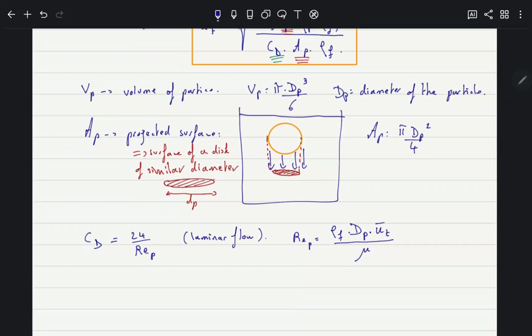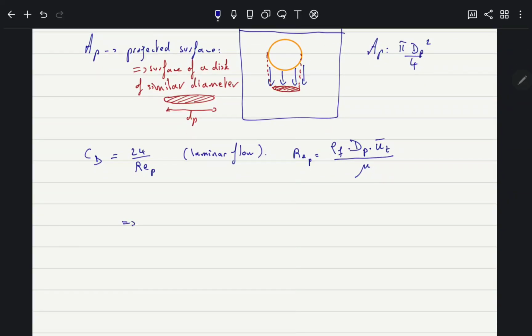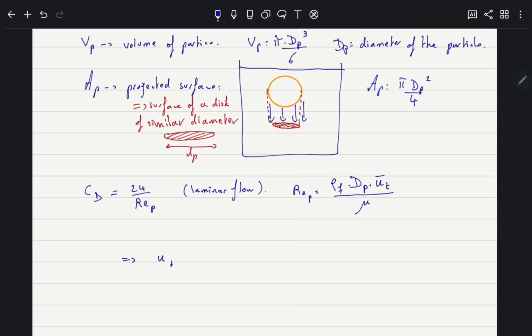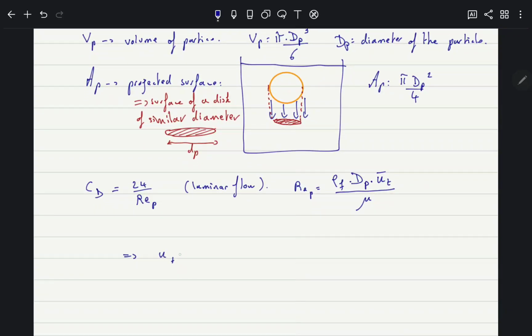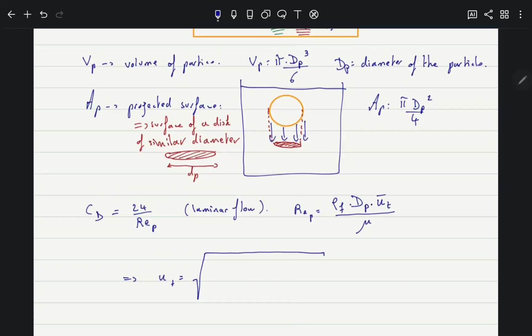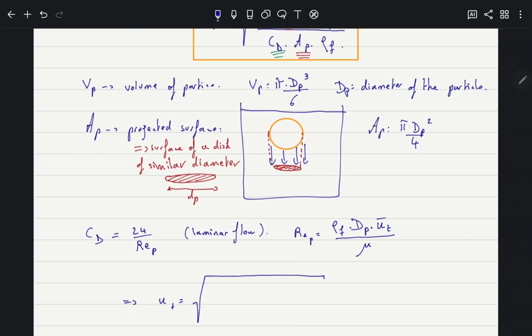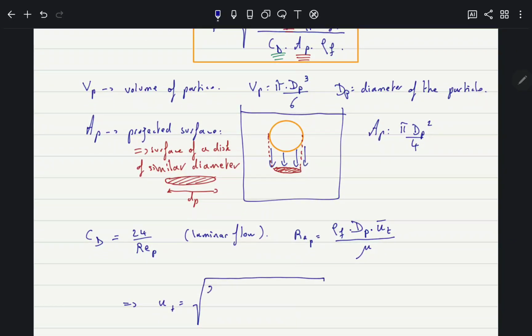So now we can get back to our ut and express it simply, using the expression of Vp, Ap, and Cd. So we have 2 g times Vp, where Vp equals pi dp cube divided by 6.